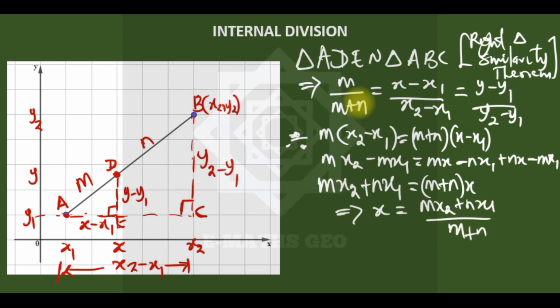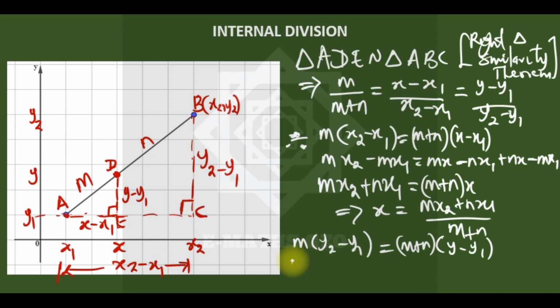So that's for x. The same way, if we compare this and this, we now have m times y2 minus y1 equals m plus n times y minus y1.